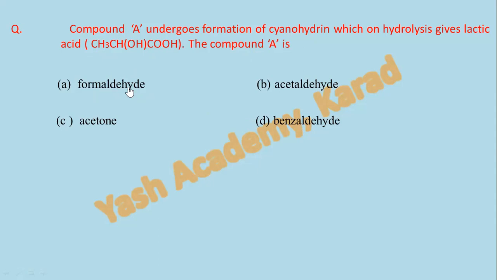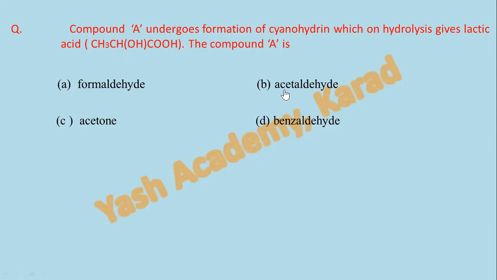So this is not the correct option. Acetone also contains 3 carbon atoms, and when it reacts with hydrogen cyanide, there is a formation of acetone cyanohydrin. But here there are 2 methyl groups attached to this carbon atom. So acetone is also not the correct option.